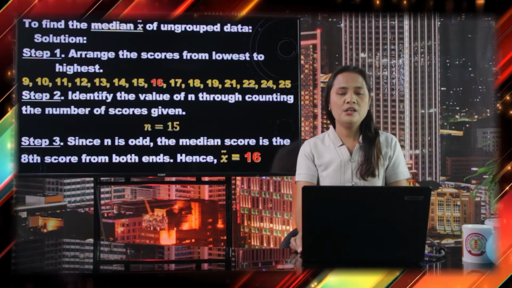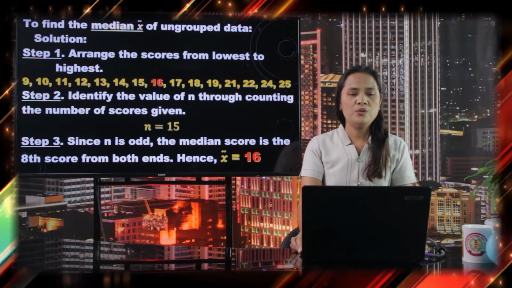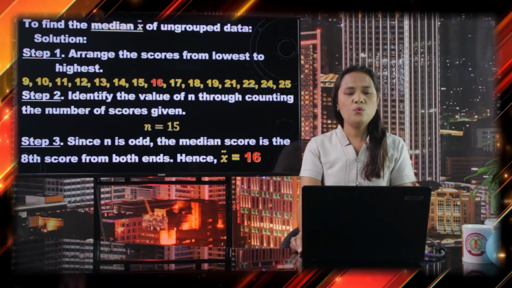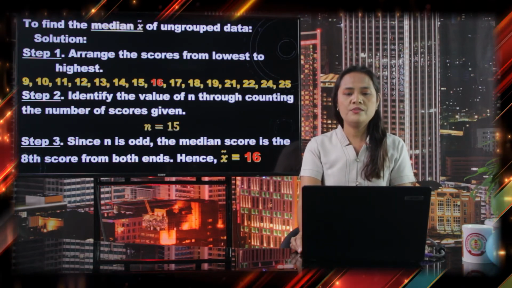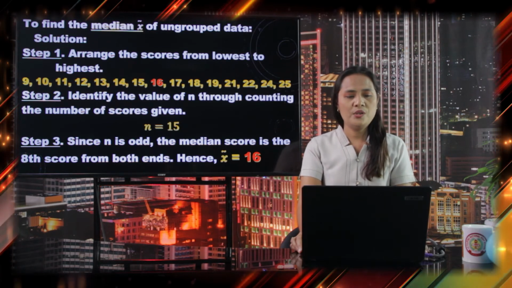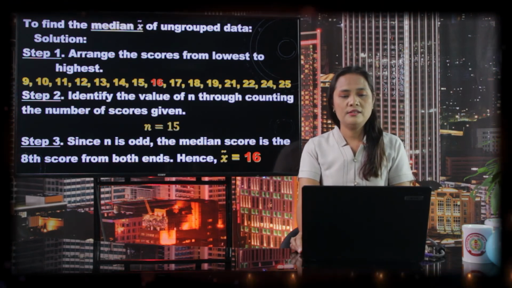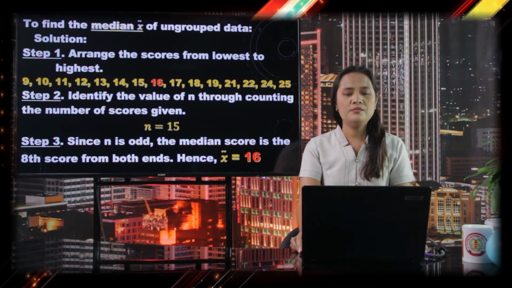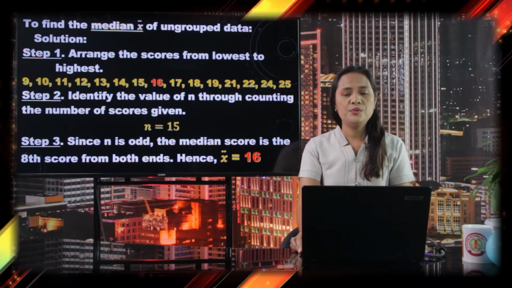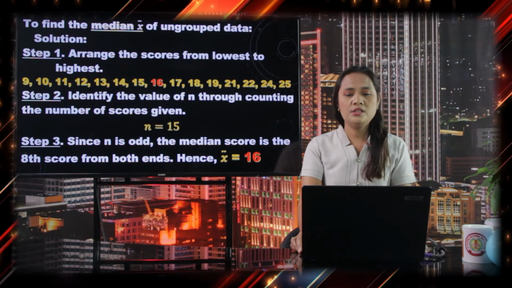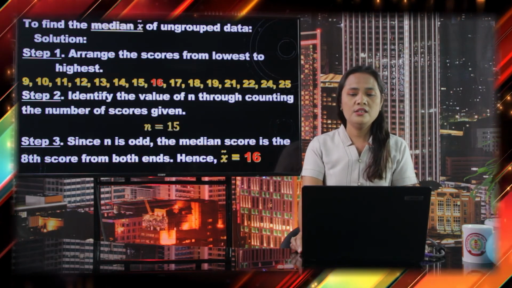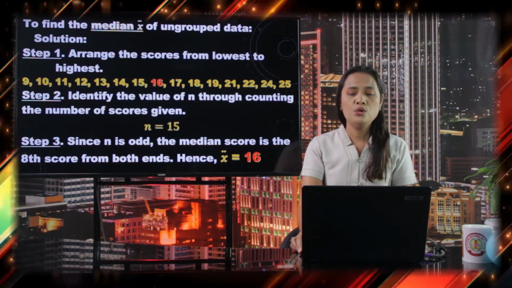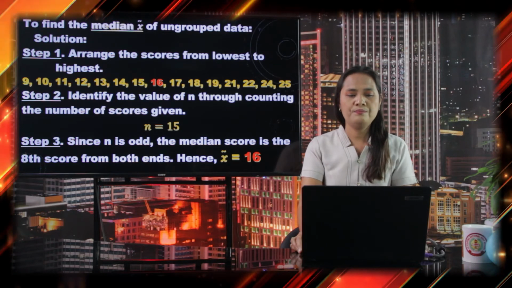Okay, to find the median of ungrouped data, we have the solution. Step 1. Arrange the scores from lowest to highest. So we have 9, 10, 11, 12, 13, 14, 15, 16, 17, 18, 19, 21, 22, 24, 25.